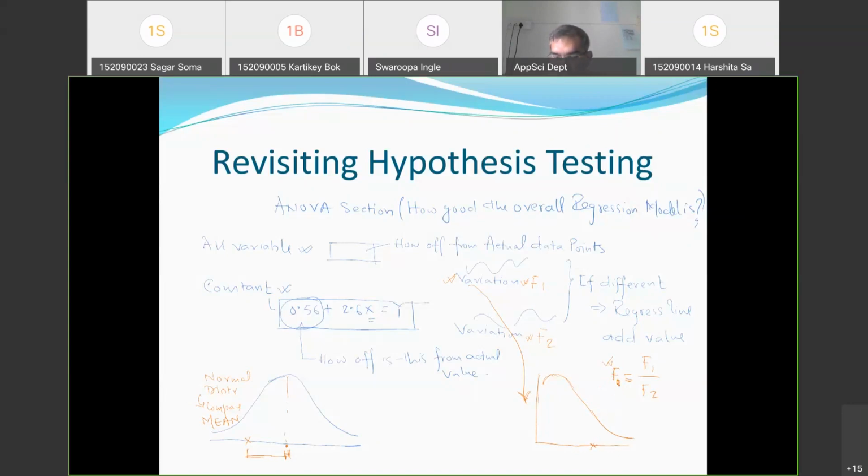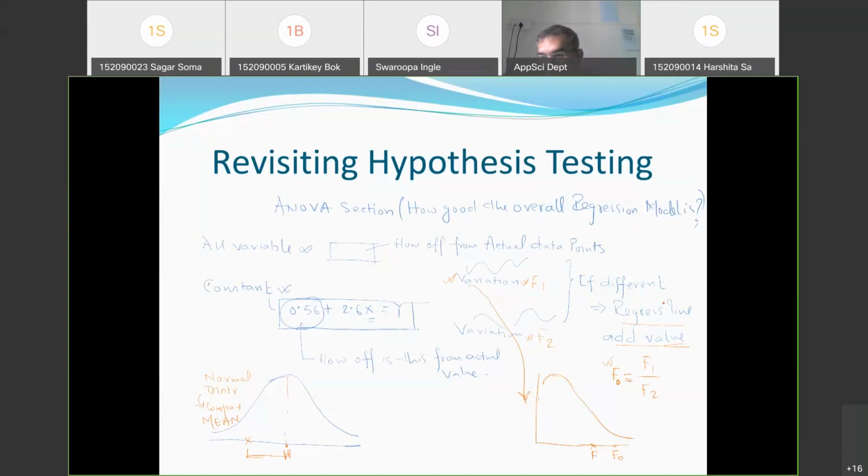So suppose from the F table we get this value, and our FO is this. Then we say that these variations are significantly different. So then our regression line adds value. The regression line makes sense.